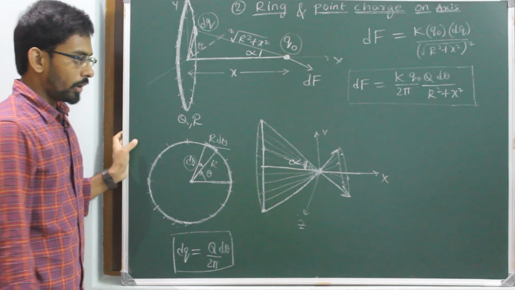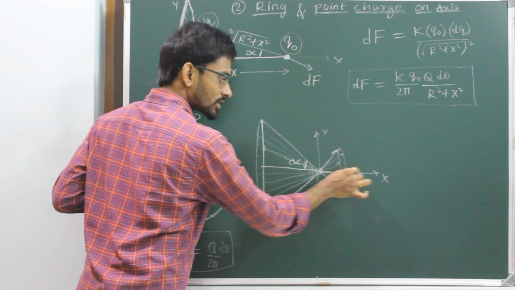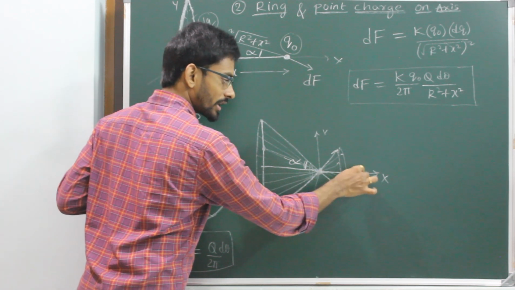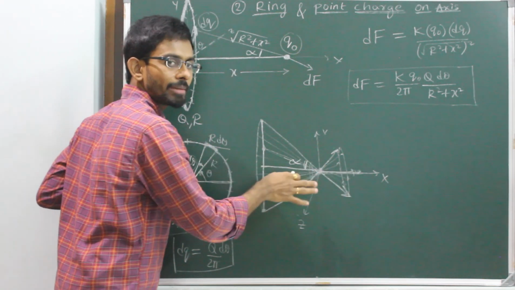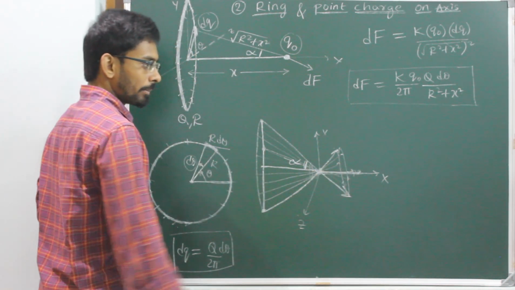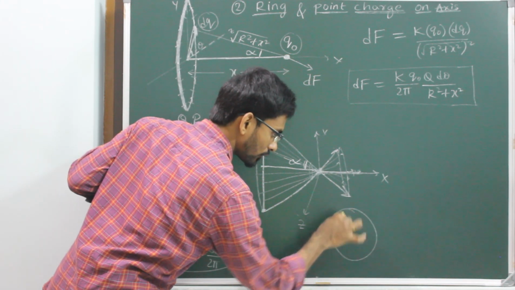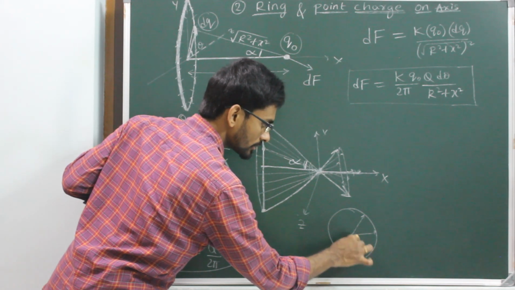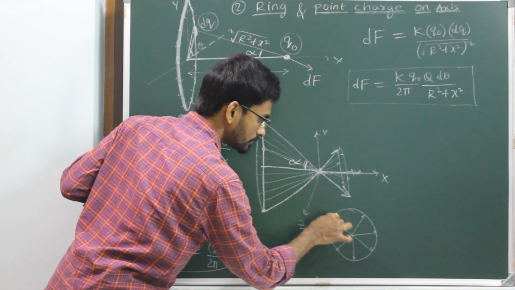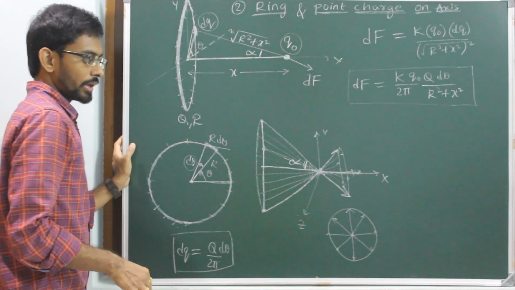If we take all the components in the x direction, the component due to this one, the component due to the next one, all these components will be in the same direction, so they will be added. But if I look from here, I'll get the components in different directions.